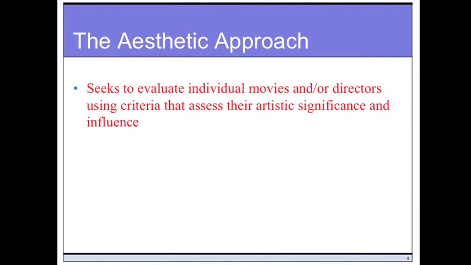The official definition for the aesthetic approach is evaluating individual movies or their directors using criteria that assess their artistic significance and their influence on how things look. So certain movies have a certain look to them. For example, the new Batman movies are very dark, very film noir, and so they actually coined a new genre called neo-noir. They have a special look to them.